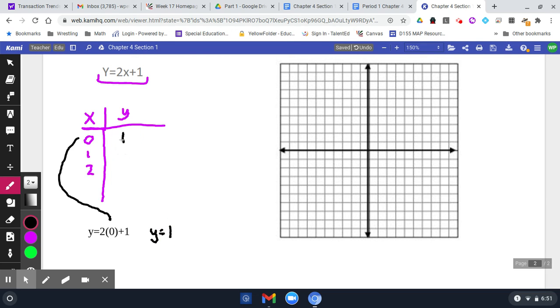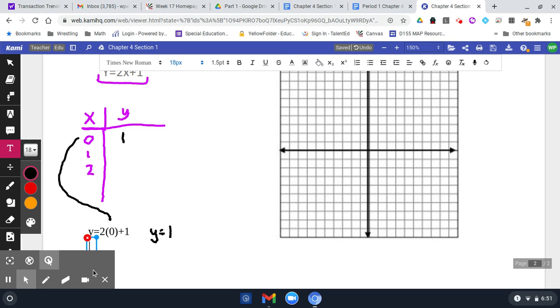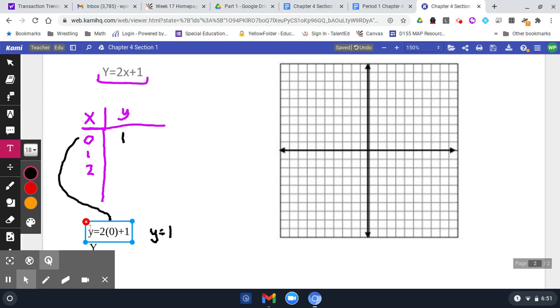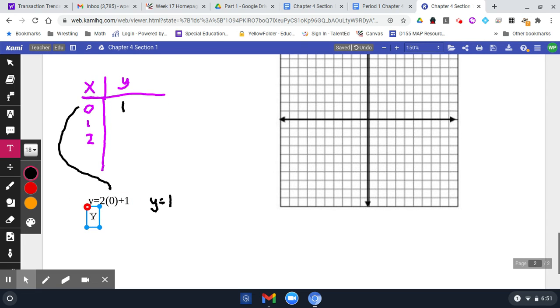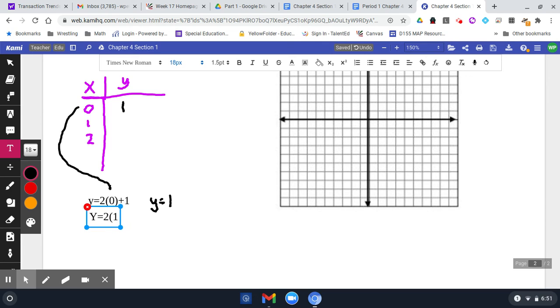We have one coordinate pair now. Now we need a second one. So let's plug in 1 instead. We have Y equals 2 times 1 plus 1. All right, so now if I need to, I'm going to put that in my calculator. 2 times 1 is 2, plus 1 is 3.